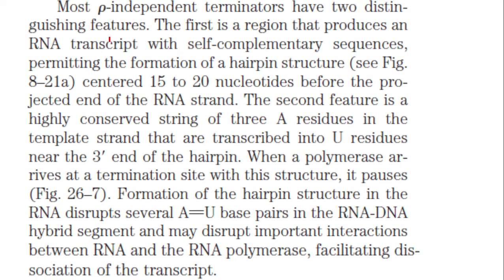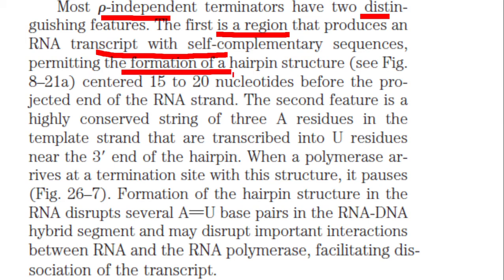What is Rho independent termination? They have two features. One, a region that produces an RNA transcript with self-complementary sequences, permitting the formation of a hairpin structure. I mean, this region produces an RNA transcript with self-complementary sequences, meaning some regions of the RNA are produced which are complementary to its own previous sequences.